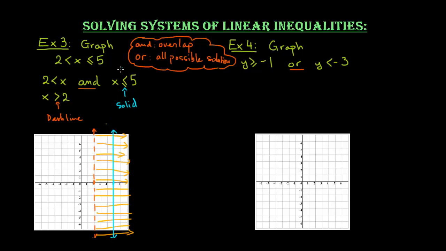Now, where do we shade this? We have x less than 5. Less than 5 would be 4, 3, 2, 1, 0. Looks like we go to the left side. So I'm gonna shade everything on the left of the blue line, like this.